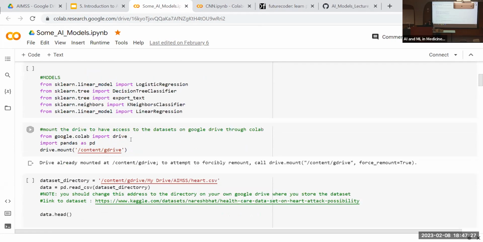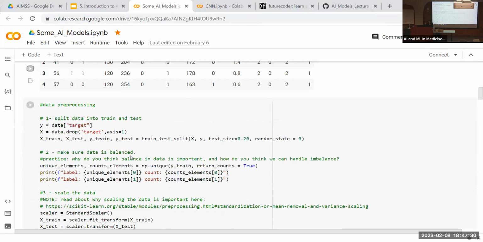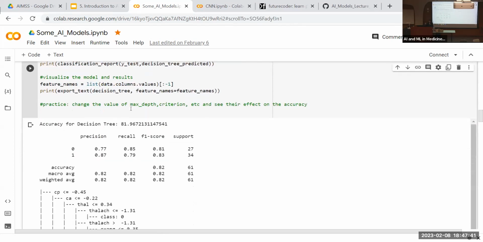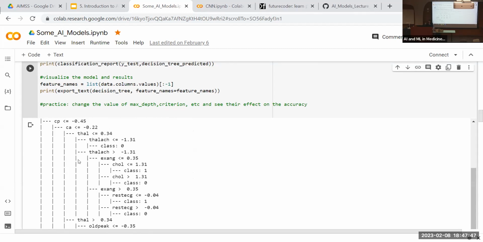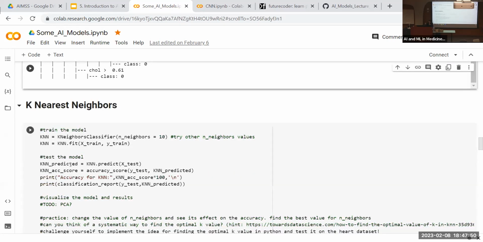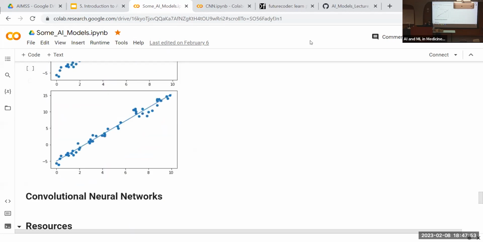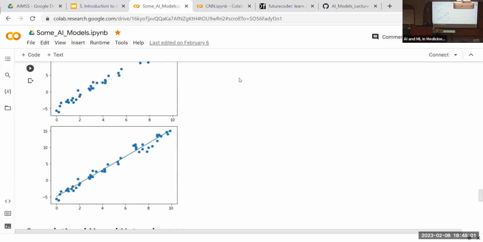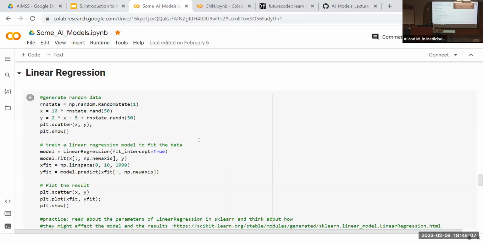So what you need to do is to first read the data set and do some pre-processing to prepare the data for your model. Then you have the models and you can train your data on them, and then you can see how good they performed by maybe looking at their accuracy, how accurate they were in predicting. So this is about the classification models. There's also a simple linear regression where you can see a line is fit to a bunch of data that are like a line.